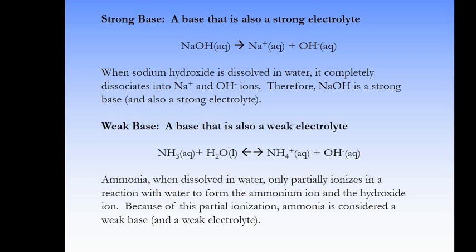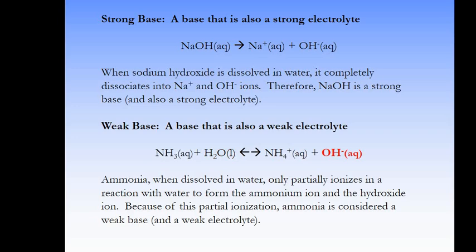There are also weak bases. A weak base is a substance that dissolves in water to produce hydroxide ions, but it does so incompletely. So when ammonia dissolves in water, it produces hydroxide ions, however, it does so in a reversible fashion.